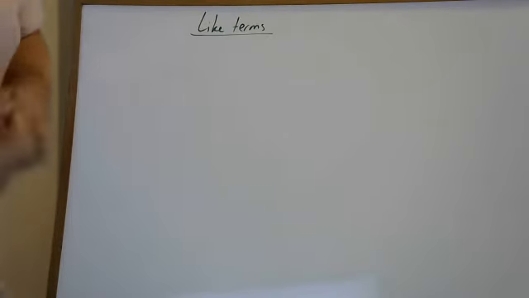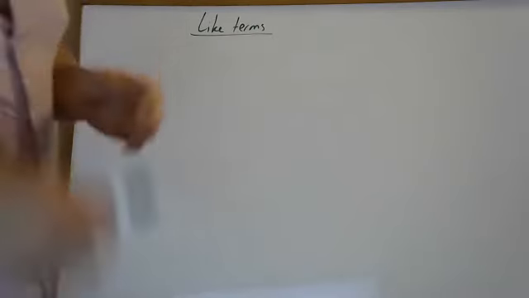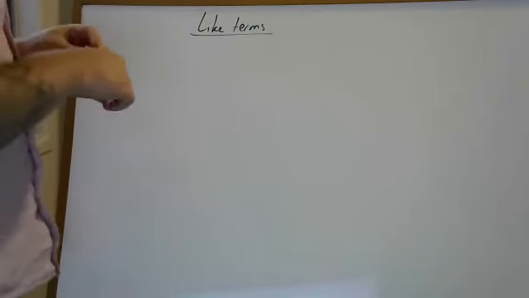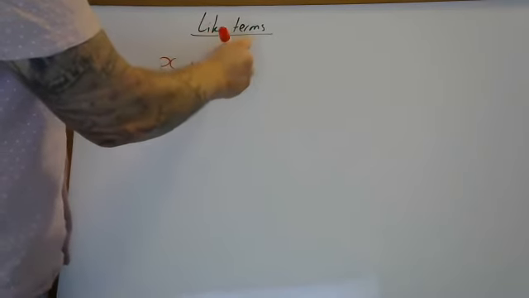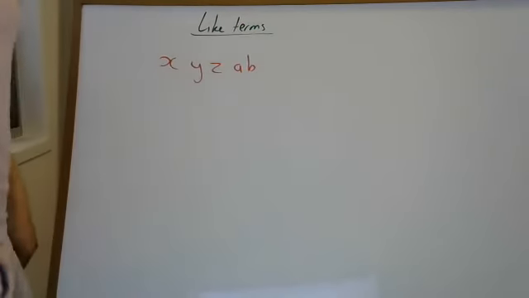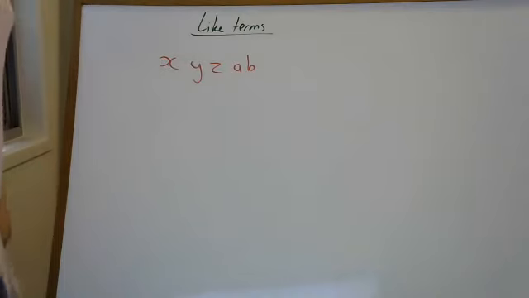So when we're talking about like terms in algebra, we're talking about the pronumerals. So X, Y, Z, A, B. It doesn't really matter what the letter is, as it's just a substitute for an unknown number.